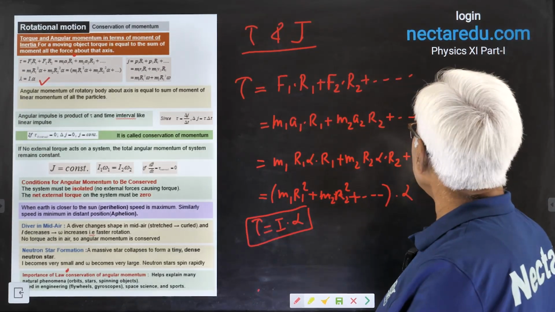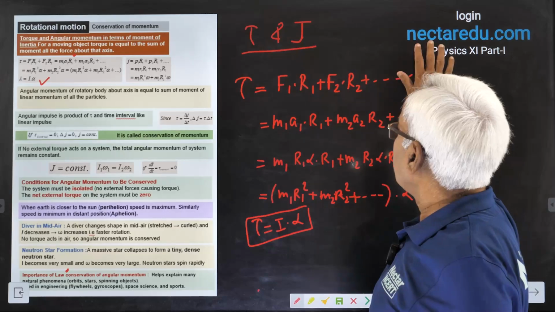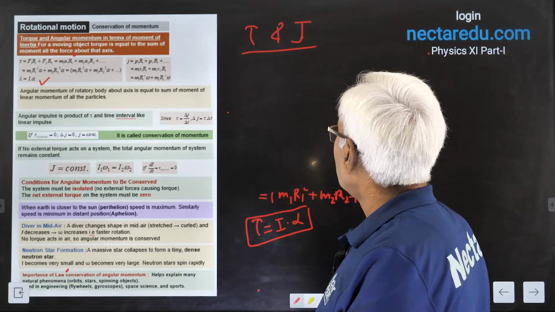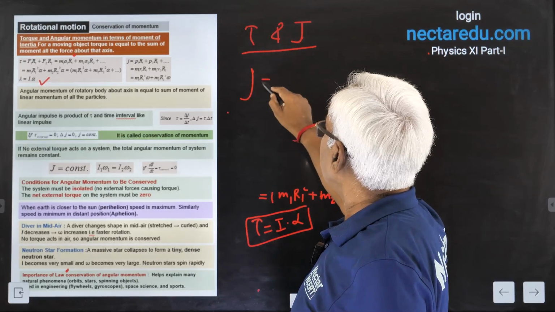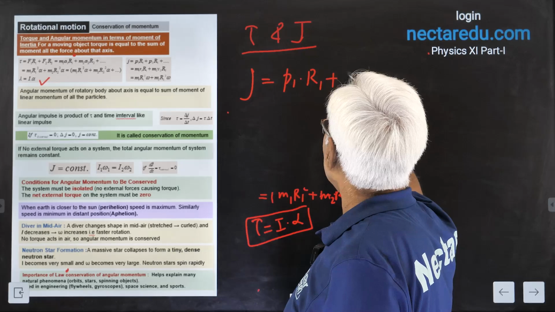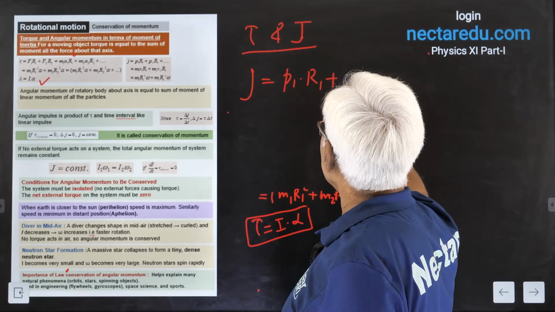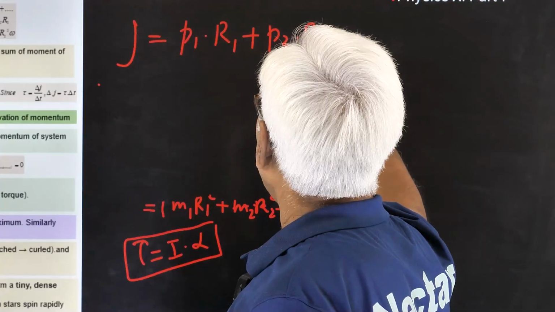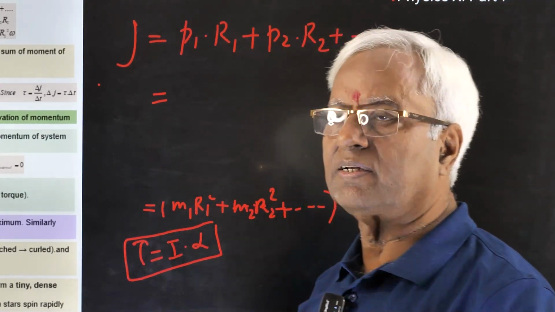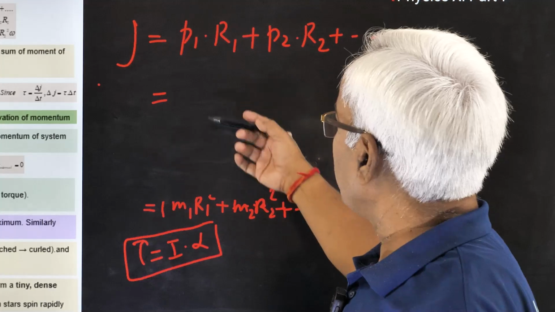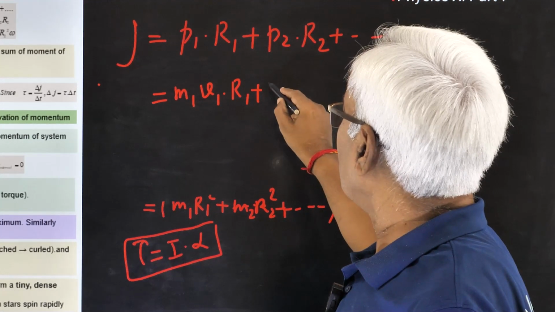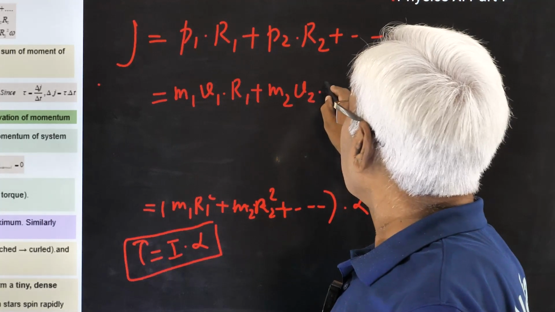Similarly, you might say that J, angular momentum, is the sum of the momentum of all the particles times their perpendicular distance. You proceed this way, you just convert P1 to M1 V1 and so on.